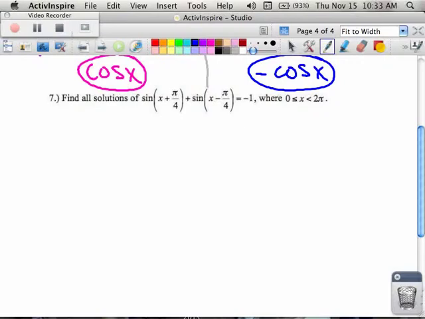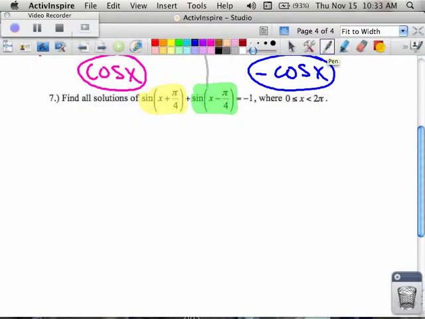This is the most fun one. There are actually 2 parts going on here. The first part is the sine of 2 angles being added. The second is the sine of 2 angles being subtracted.